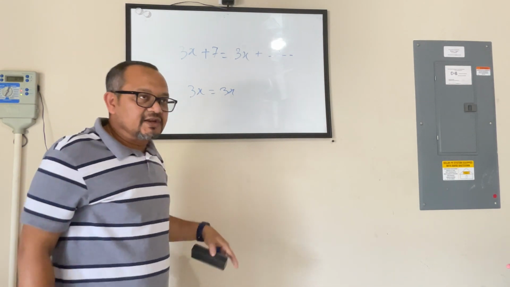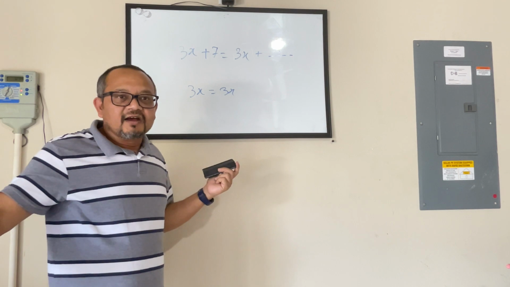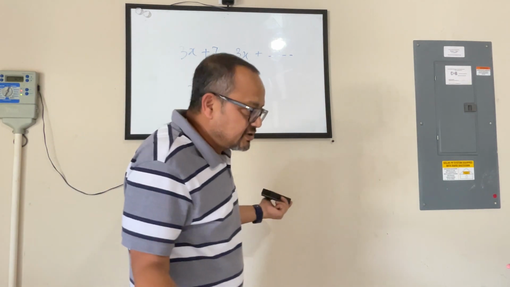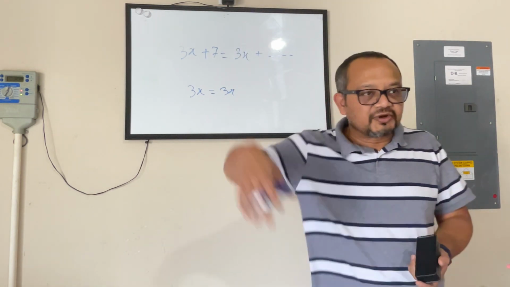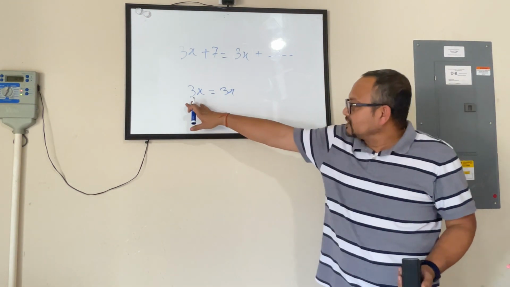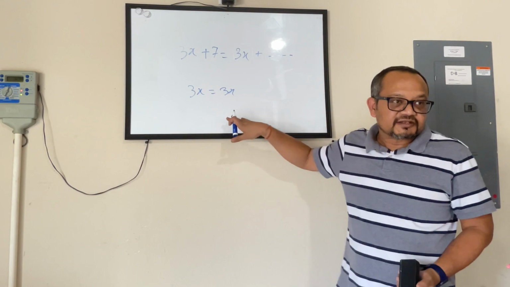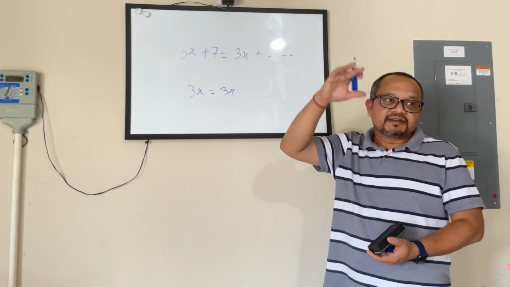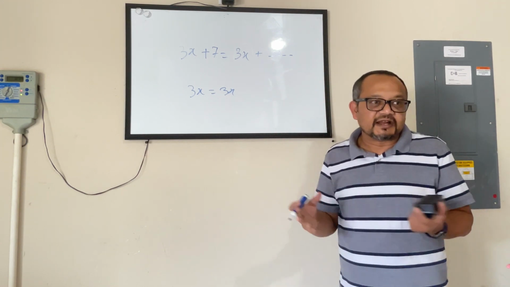In this scenario, you will have infinite solutions for this equation. When it says 3x equals to 3x, that means x equal to 1, 2, 3, 4, you can think of any number. 3x is 3x, right? So there are unlimited possibilities of solutions in this case. Unlike the previous one, where when I take out all the variables, what I have is only constant, and that gives you zero solution.